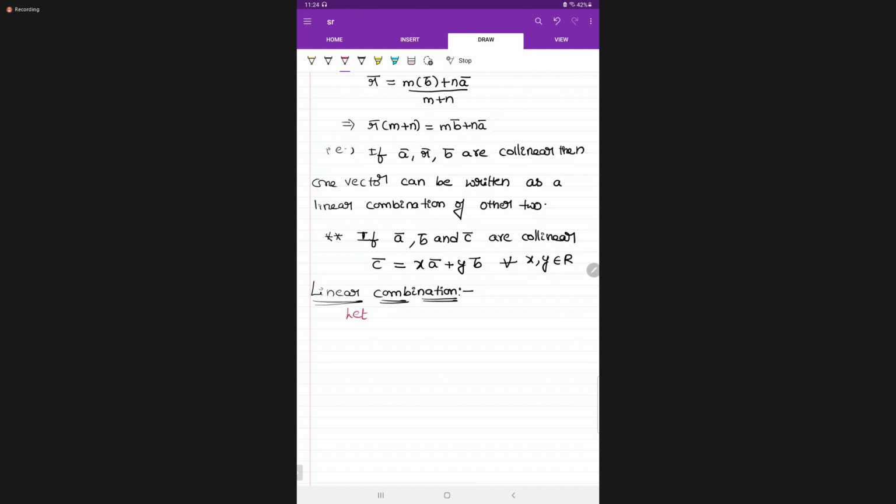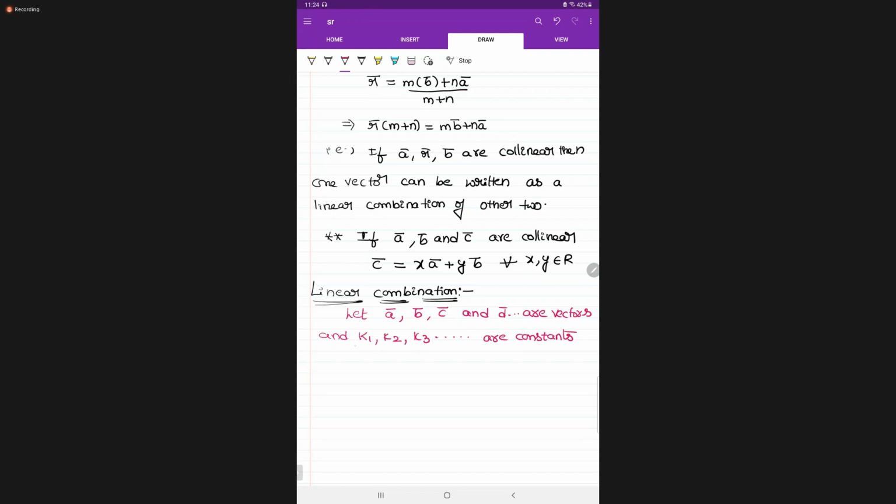Linear combination, right? A bar, B bar, C bar and D bar are vectors, and K1, K2, K3 and so on are constants.